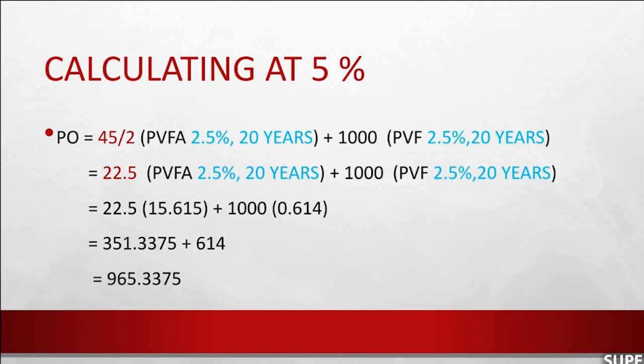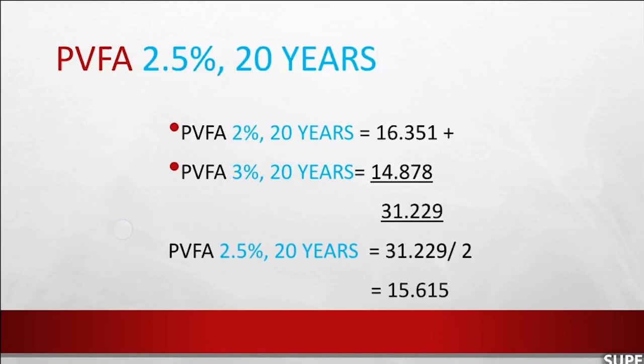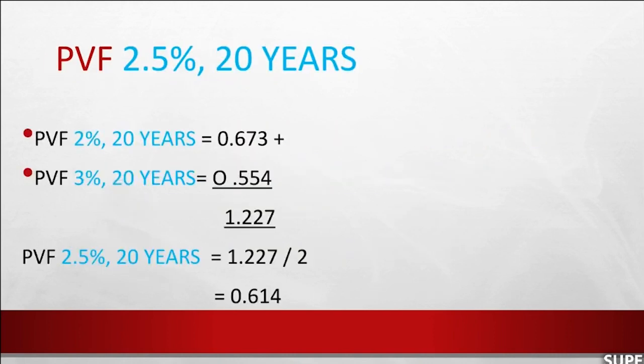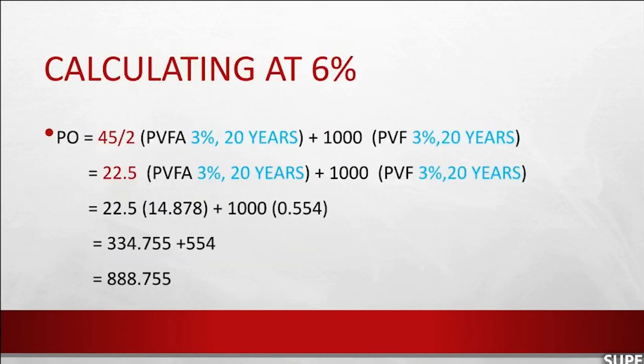So there is a variation from 900. We need to reduce the amount. So we have assumed a greater rate, that is 6%. Then at 6% we have got present value of all cash inflows as 888.755. Now we understood that our YTM lies between 5% and 6%.